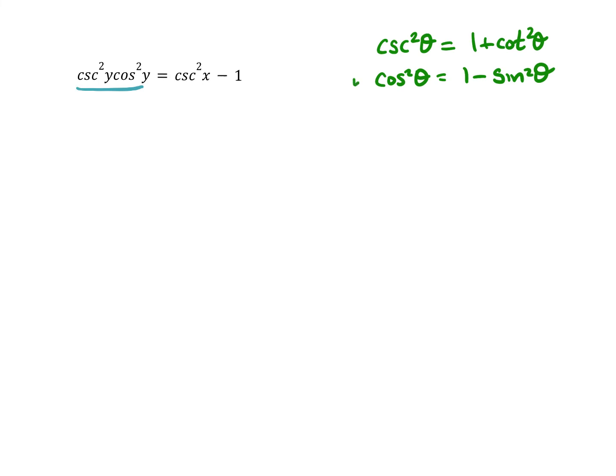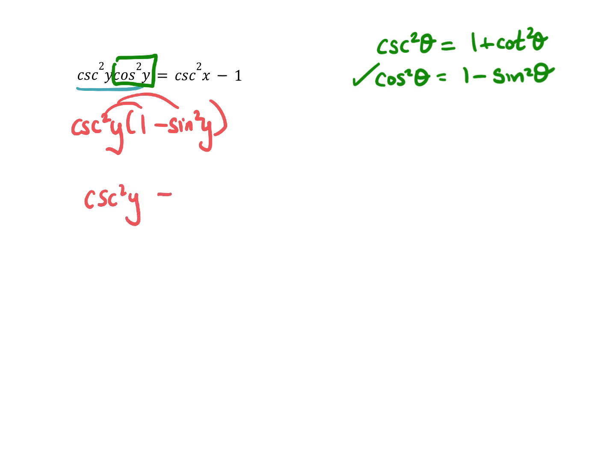So I'll go ahead and try to use this one. I'll replace the cosine squared with 1 minus sine squared. Maybe we'll do it both ways just to show you it works both ways. So let's say I do this. I have cosine squared replaced with 1 minus sine squared. Then I'll distribute, so I'll get cosecant squared y minus cosecant squared y times sine squared y.